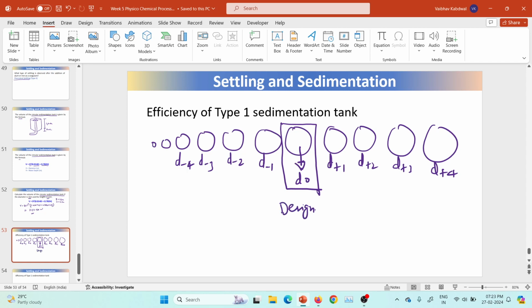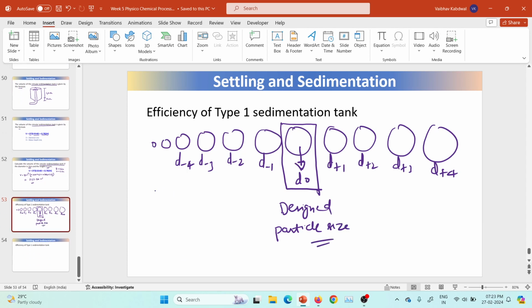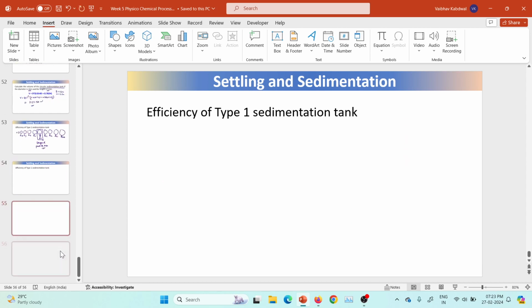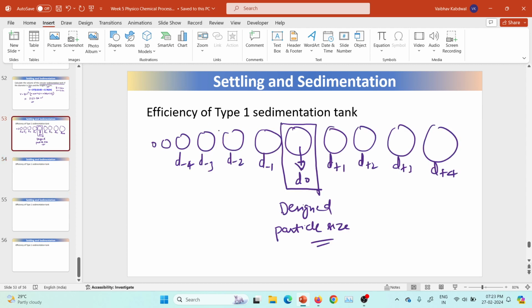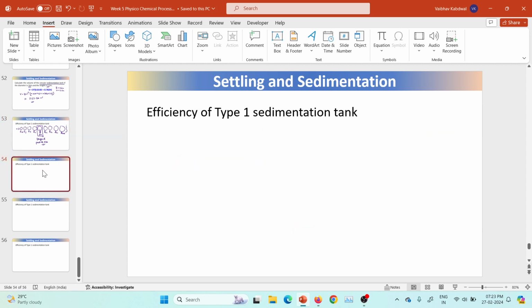Design particle size. So what we assume, according to the assumption, we are considering all these particles to be distributed uniformly in this surface, at the inlet zone and the starting of the inlet zone.